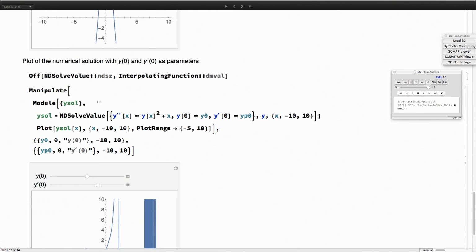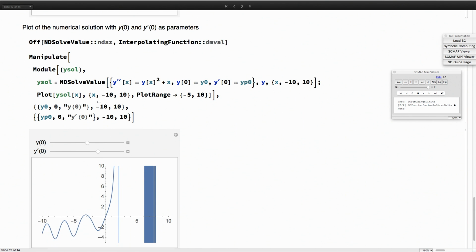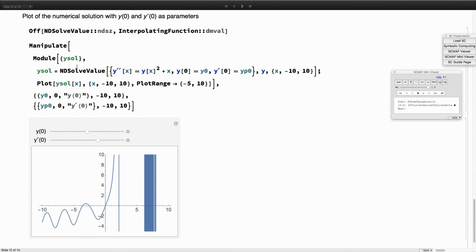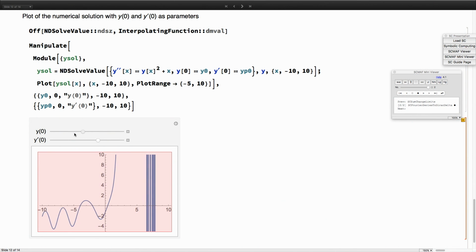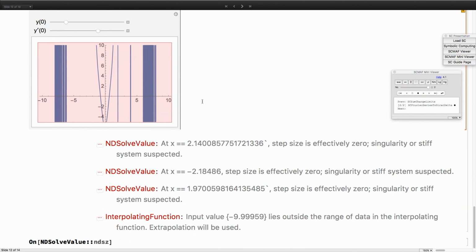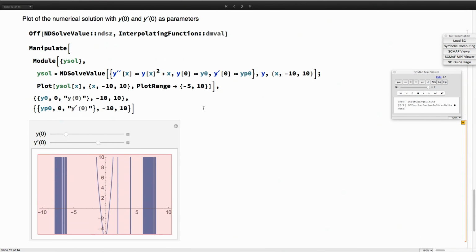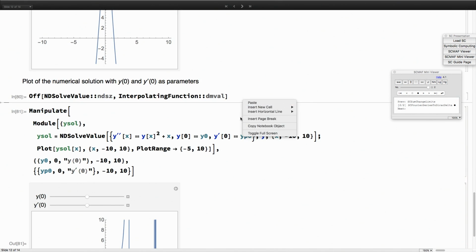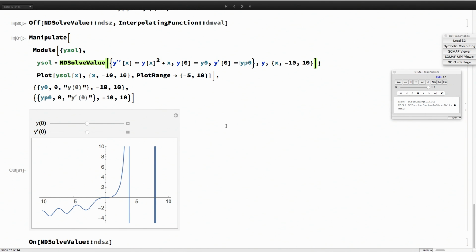And for the plot of the numerical solution, this equation can be solved numerically using NDSolveValue. Well, because there is a singularity, we have all these error messages, and let me turn them off. So here, this is a solution with y(0) equal to 0, and y'(0) is also 0.